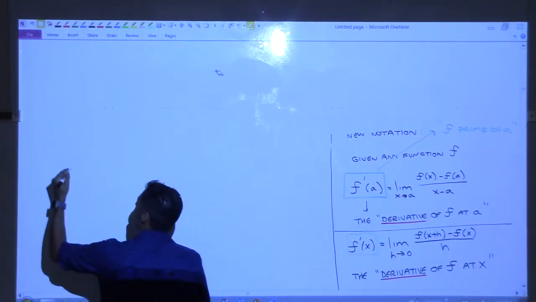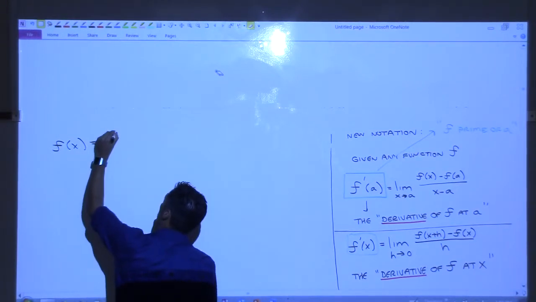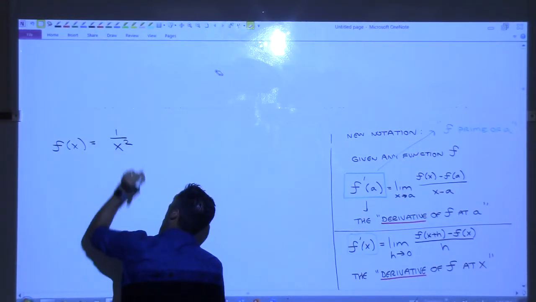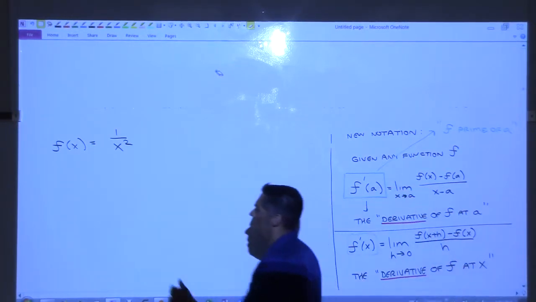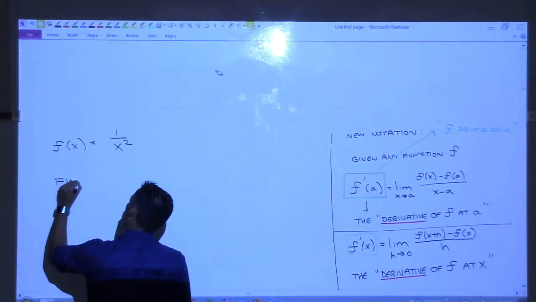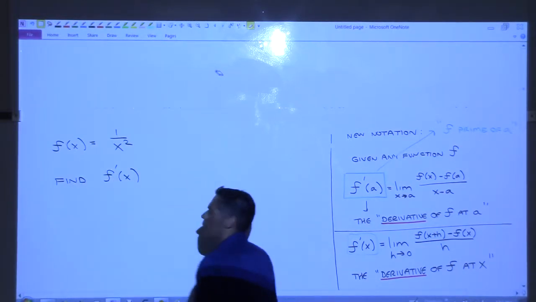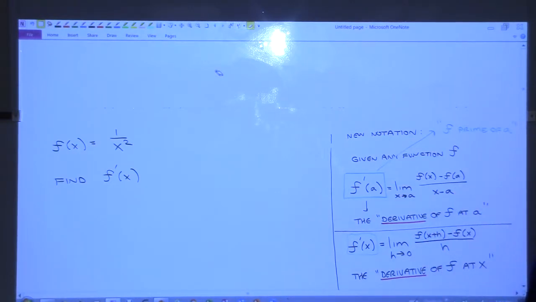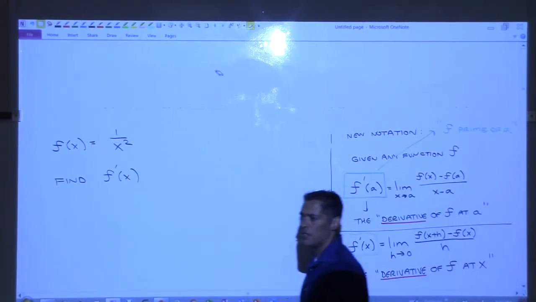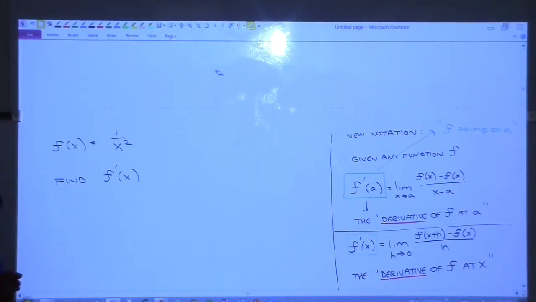So let's say we have the function f of x equals 1 over x squared. And we're asked to find this. So you're being asked to find f prime of x, which means we're trying to find the derivative of the function at the value of x.